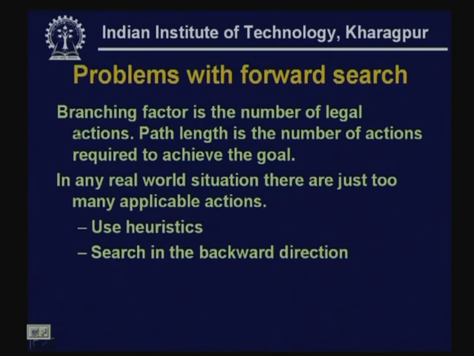Basically, in forward search, the branching factor is the number of legal actions. The path length is the number of actions that are required to achieve the goal. In any real world situation, there are just too many applicable actions. There are too many things that you can do. So, if you are considering all possible actions, then the search space can become really huge.